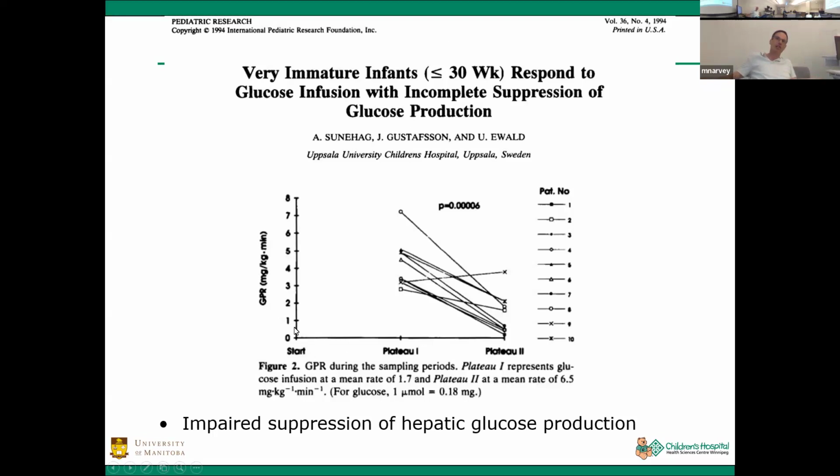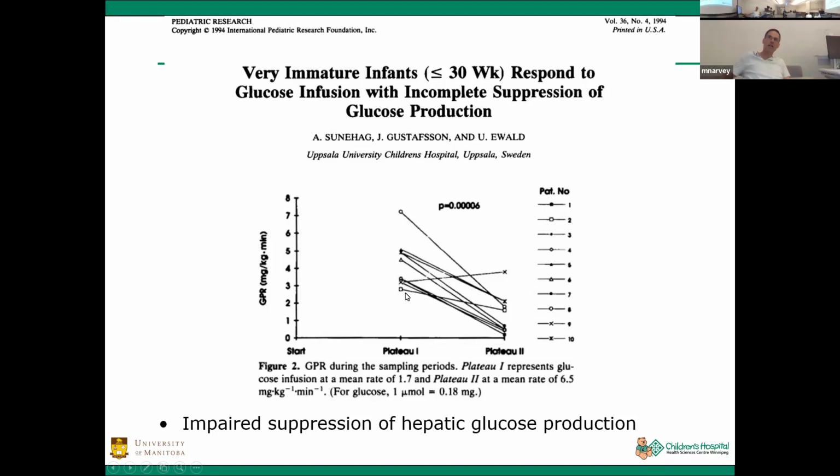And what they did was at the start, on the y-axis, they've got glucose production rate coming out of the liver. And then plateau 1 is infusion of 1.7 milligrams per kilogram per minute of dextrose, which is low, right? And you can see that hepatic glucose production, when they were receiving very little glucose via IV, was high.